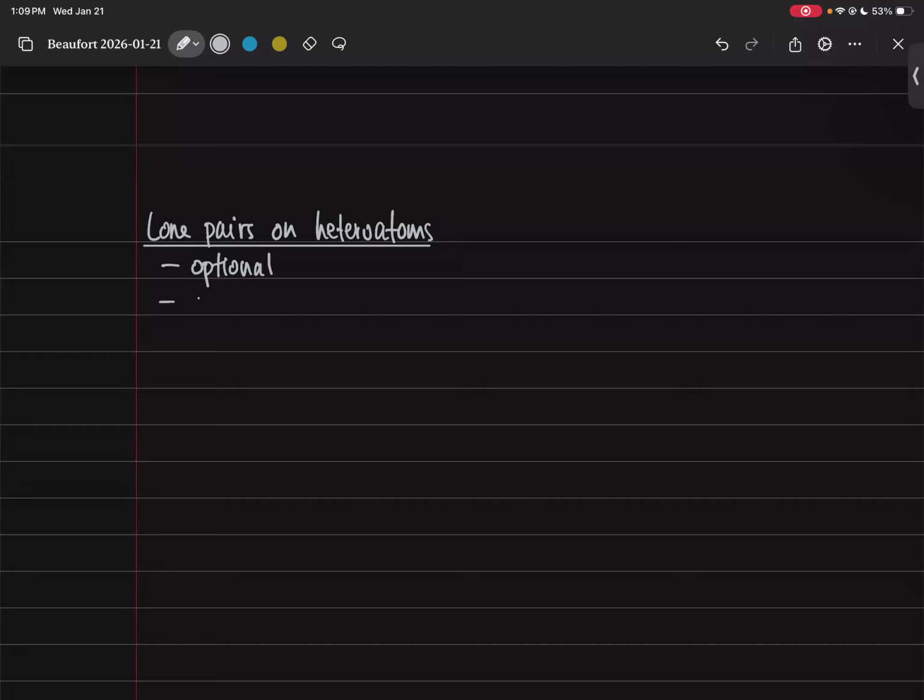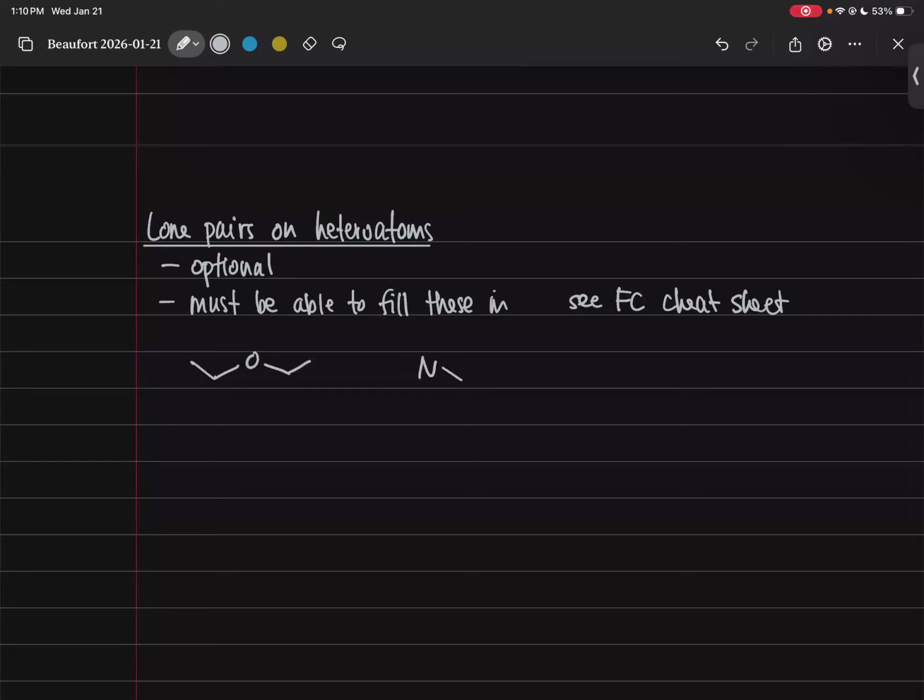And because they're optional, you need to be able to fill them in when they're missing. Again, your formal charge cheat sheet is also sort of a lone pair cheat sheet as well. So here's some structures that have heteroatoms in them.